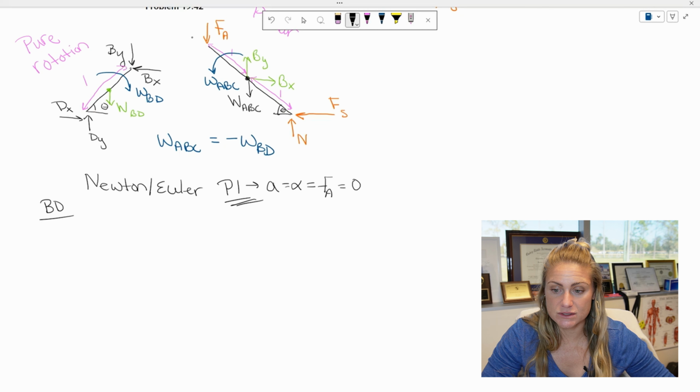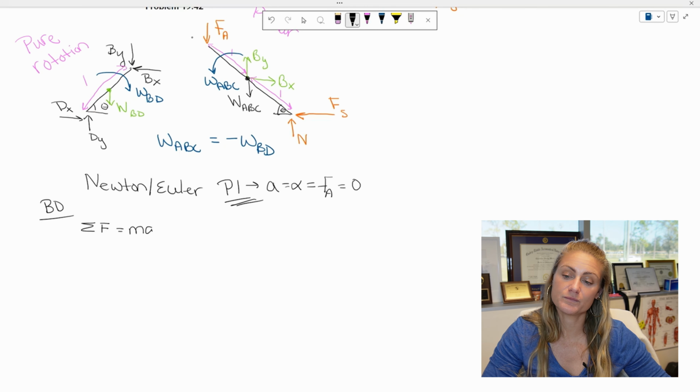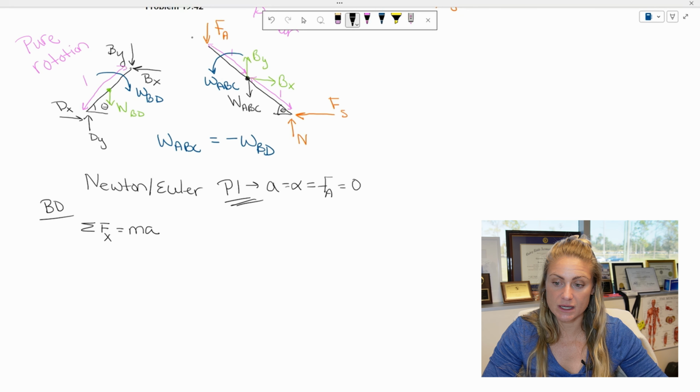So let's do that. Let's do the sum of the forces equals ma. Now, when you're taking an exam, you need to ask yourself here, what type of coordinate system am I in? In my free body diagram, I did x and y, so I can break this up into x and y, okay? So I'll do the x first. Again, a is 0 because of equilibrium.